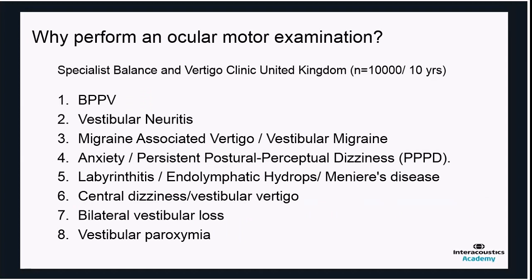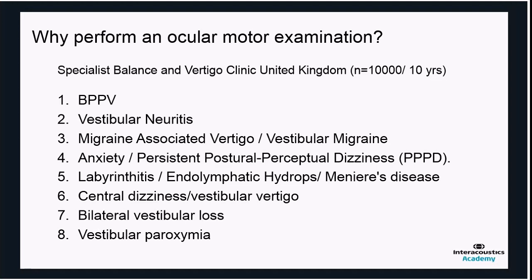So why should we perform an oculomotor examination? Often the question is raised, why are we interested in eye movements when looking at dizzy patients? Well, in my experience in the NHS and in the United Kingdom, over a very large cohort of dizzy patients that had been referred from a primary care setting over a 10-year period, we see the list that I've presented here for you of common diagnoses and conditions that were present in our patients.